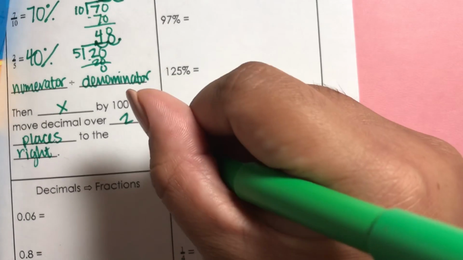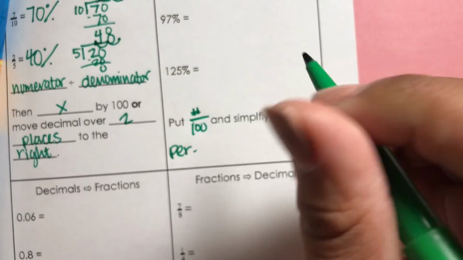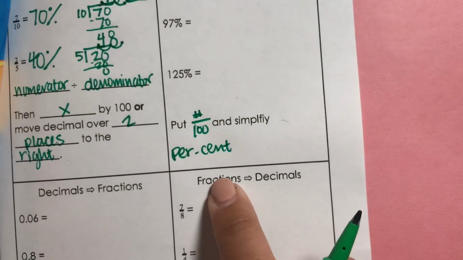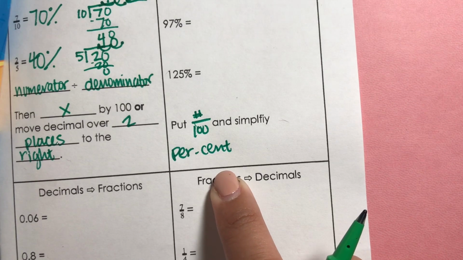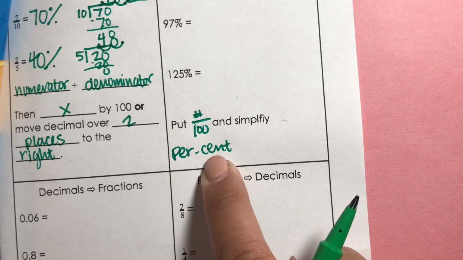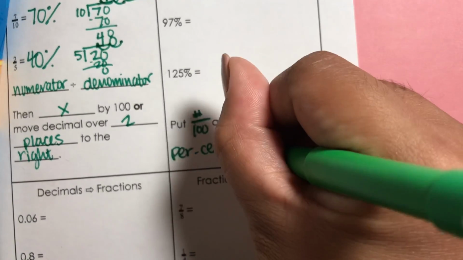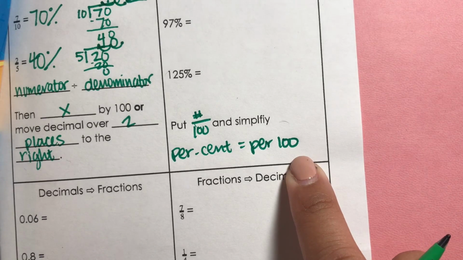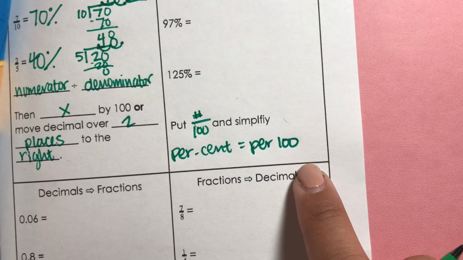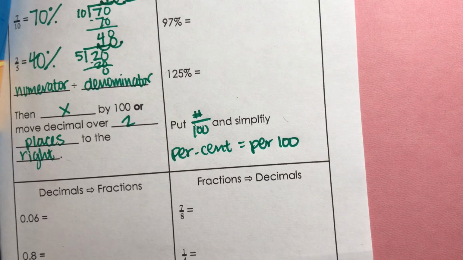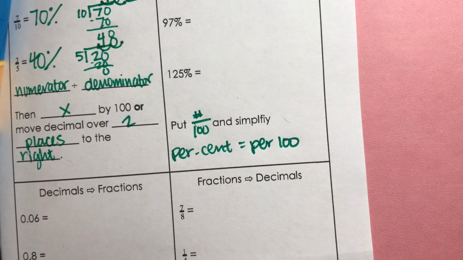Percent is per cent. And the reason why they say cent is because cent is for century, and a century is 100 years. So it's literally saying per cent, which equals per 100. So percent is always going to be out of 100. That's always going to be the denominator for your fraction because it is always out of 100.